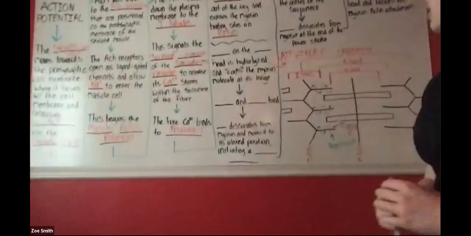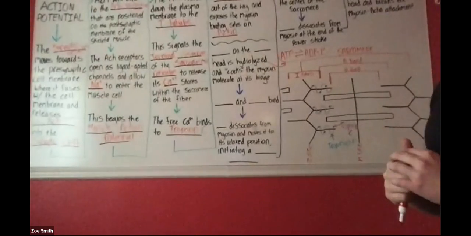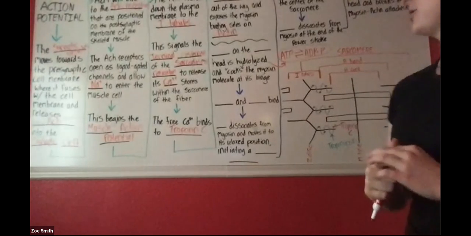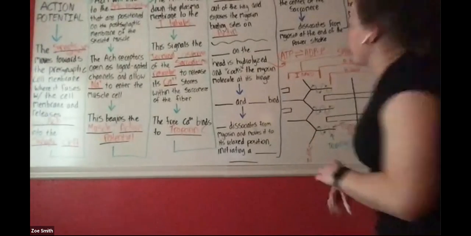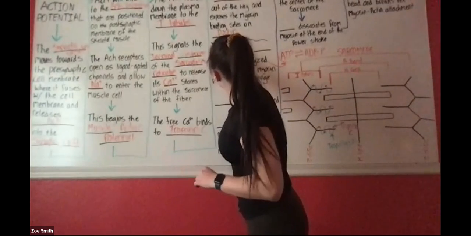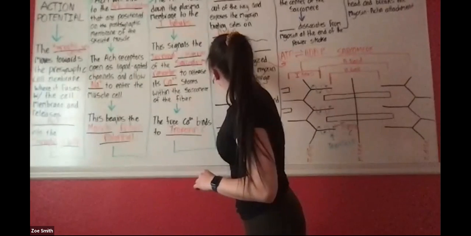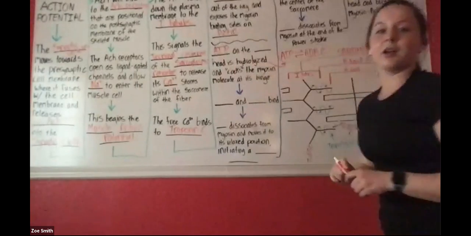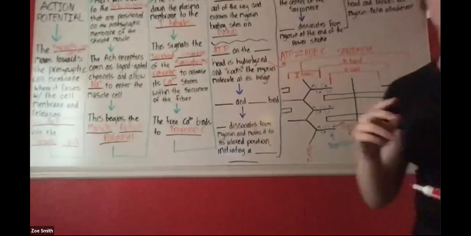So blank on the blank head is hydrolyzed and cocks the myosin molecule at its hinge. So we have this molecule called ATP, which is our body's energy currency.